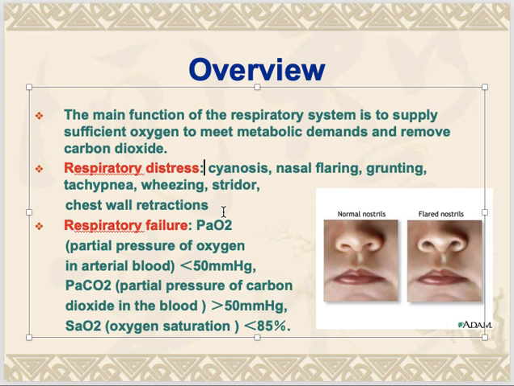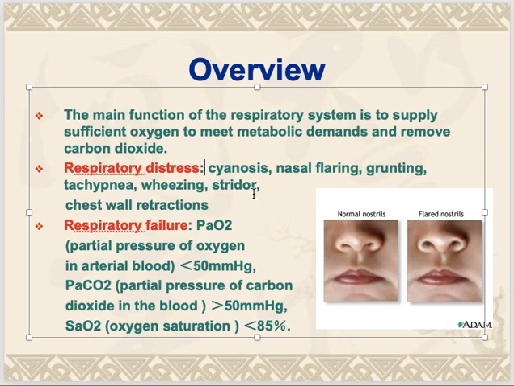If I take dyspnea, for example, dyspnea is of course shortness of breath, or you can say hunger for air. An infant of course cannot complain of that, but a child who is a little older can talk about it or complain of it.